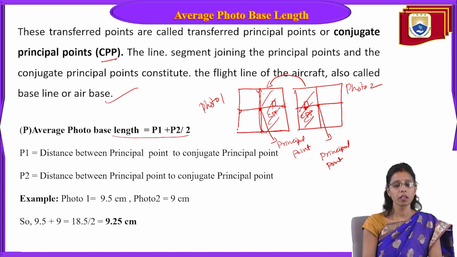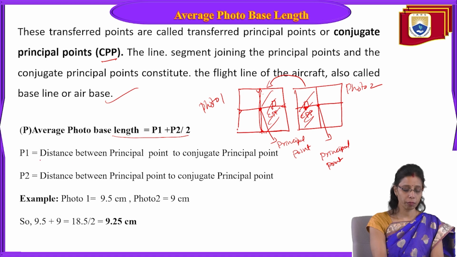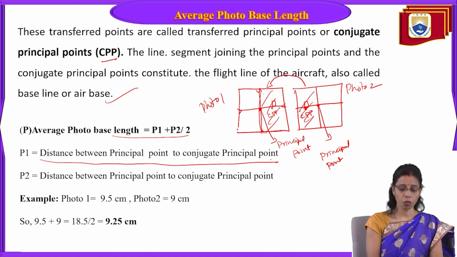So this is how we find the conjugate principal point. To find the average photo base length, for example, for photo number 1, we find the distance between the principal point and the conjugate principal point.